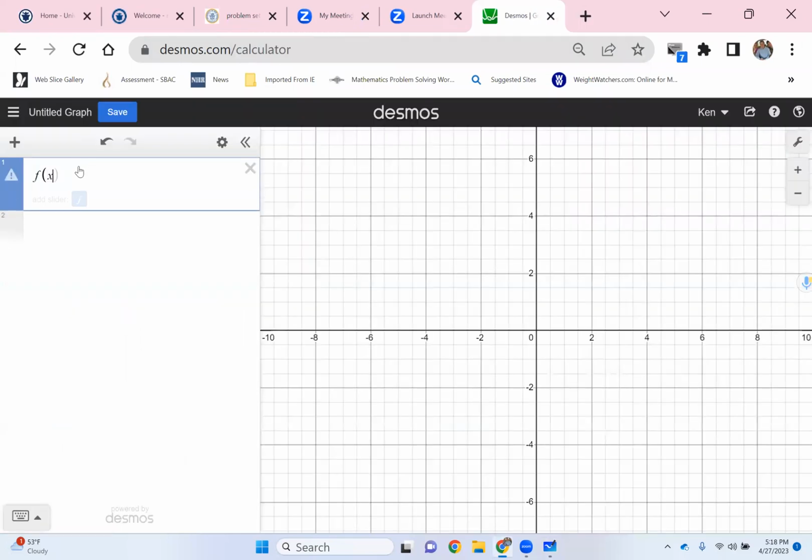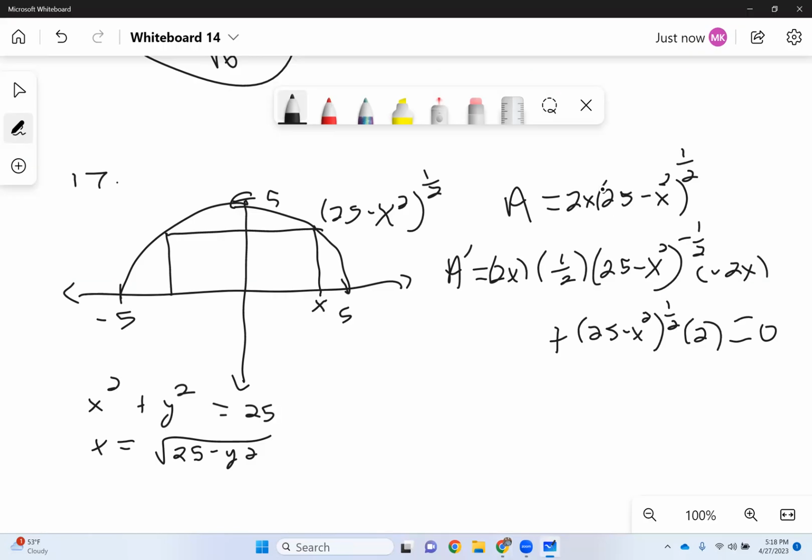So I'm going to let f of x equal 2x times 25 minus x squared to the 1/2. Or actually 2x times the square root of 25 minus x squared. Let me just fix this. So y is equal to the square root of 25 minus x squared. I should clarify that.